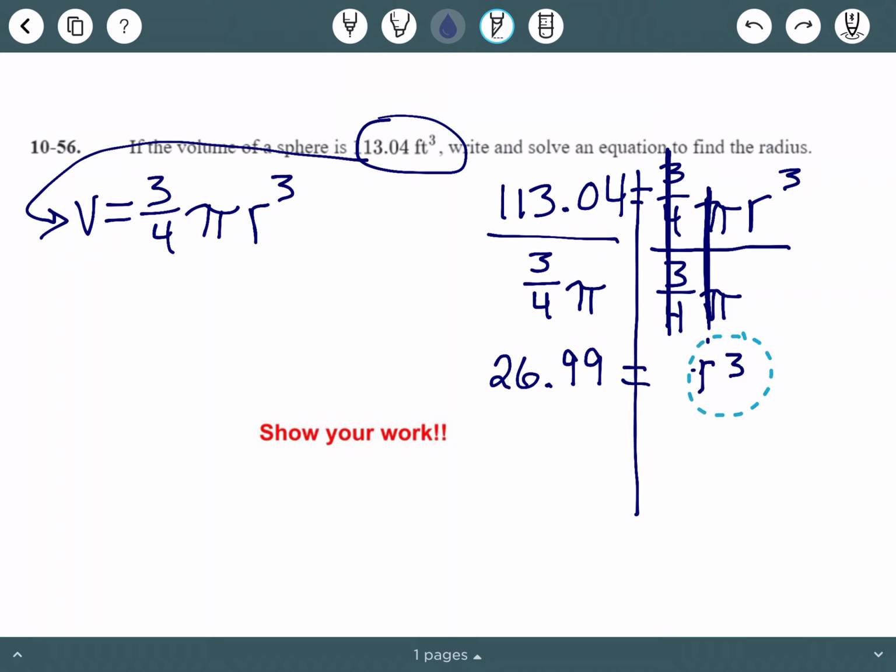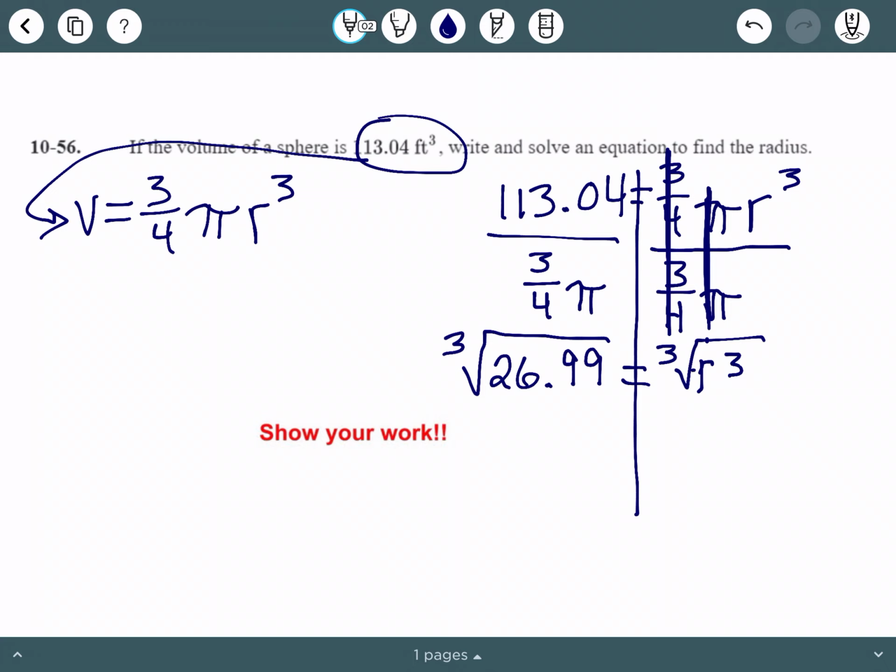So that's what we need to do. All right, so we take the cube root. And if you don't remember how to do that in your calculator, go back to my video where I show how to do that. And when we take the cube root of 26.99, you're going to get 2.98, a lot of other decimals.